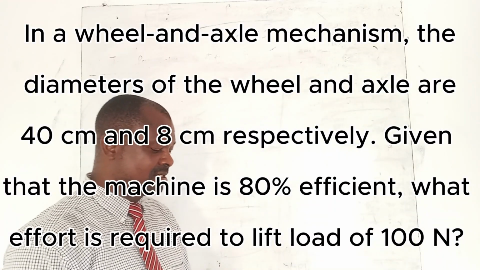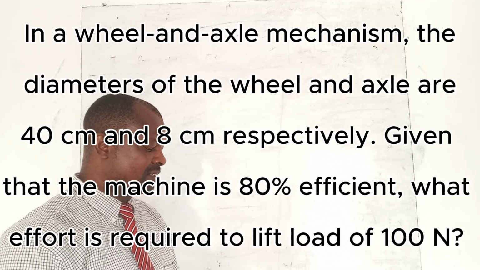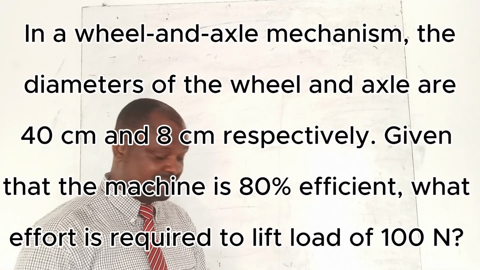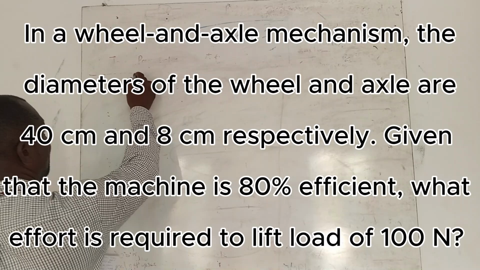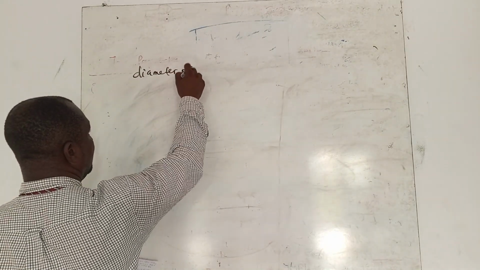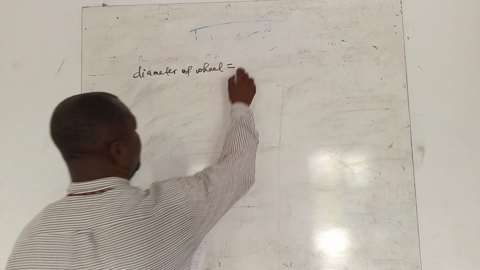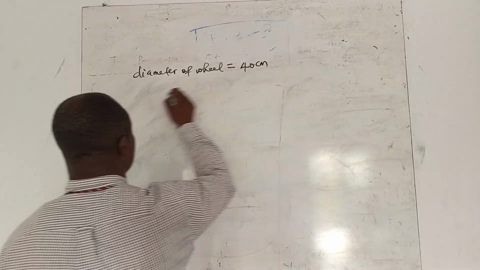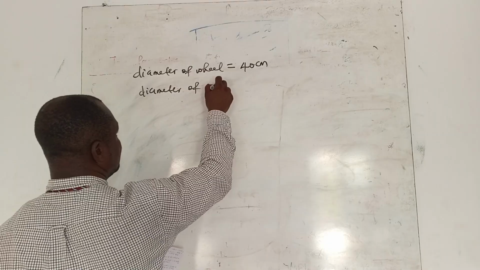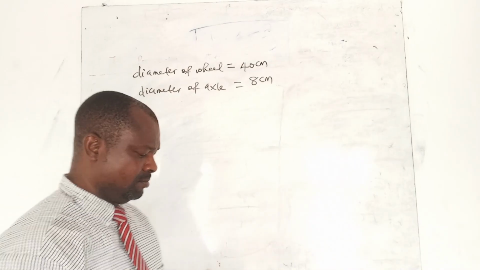In a wheel and axle mechanism, the diameters of the wheel and axle are 40 centimeters and 8 centimeters respectively, meaning the diameter of the wheel is equal to 40 centimeters. Diameter of axle is 8 centimeters.